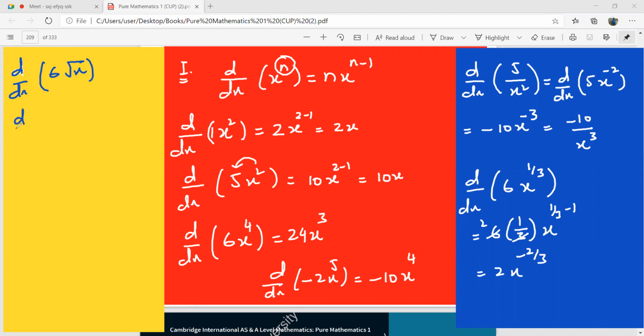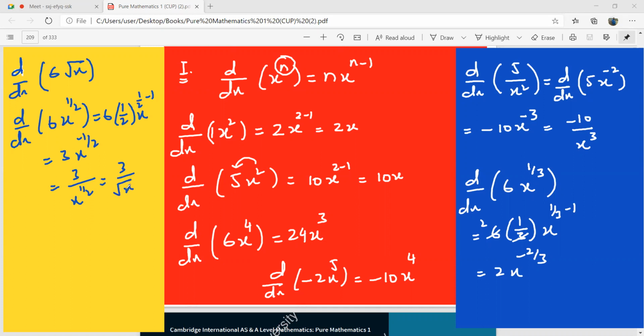You can write it as d by dx of 6x raised to power half. Now this would be 6 into half and x raised to power half minus 1. So this is going to be 3x raised to power minus half. You can write it as 3 over x raised to power half or 3 over under root x.